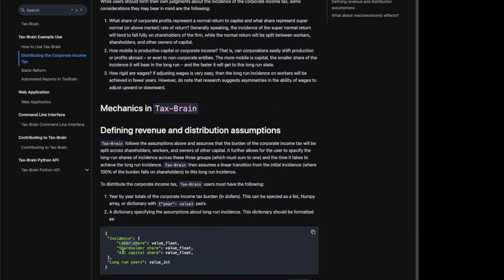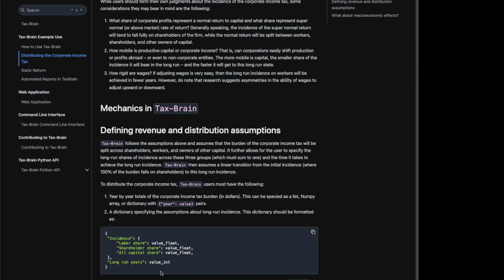Those three groups are defined by labor income share, meaning how much of the burden falls on wage earners; shareholder share, which is how much of the burden falls on owners of the corporation, those realizing dividend income or capital gains as owners of corporations; and then a return to all capital owners, the share of the incidence that is borne by owners of all capital, because again, these corporate income taxes are going to have equilibrium effects on other capital owners as well. Okay, so for instance, owners of non-corporate businesses or owners of foreign capital.